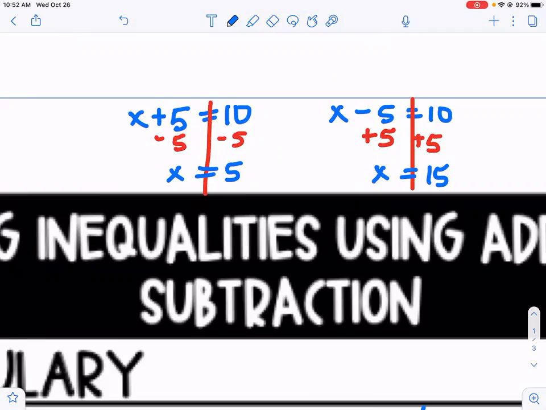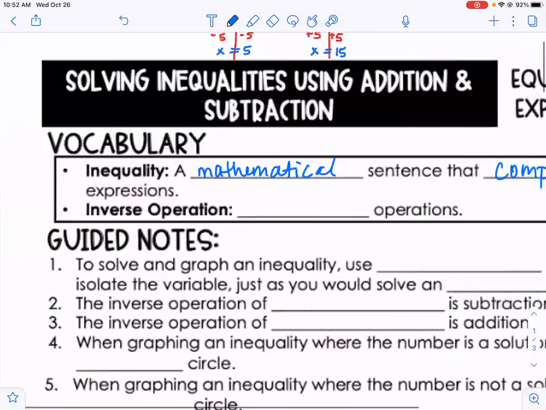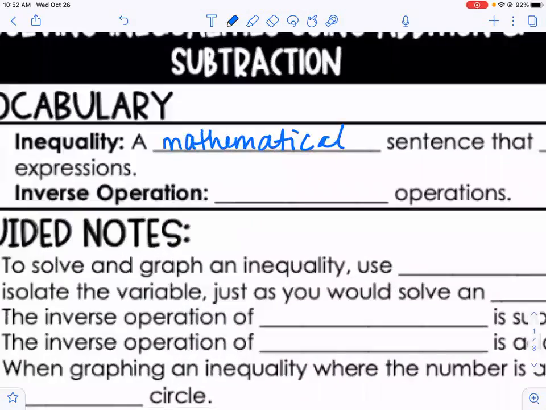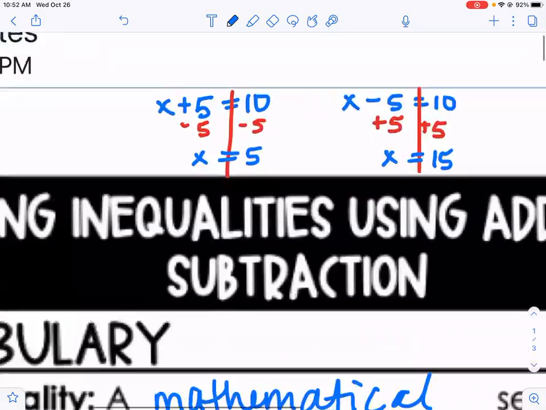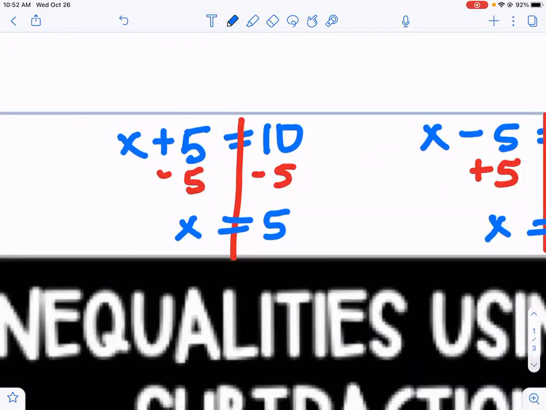Okay? So what did we say about addition and subtraction? What word did I always use?